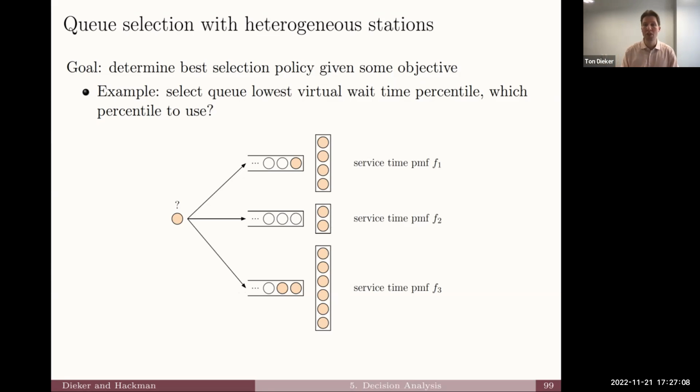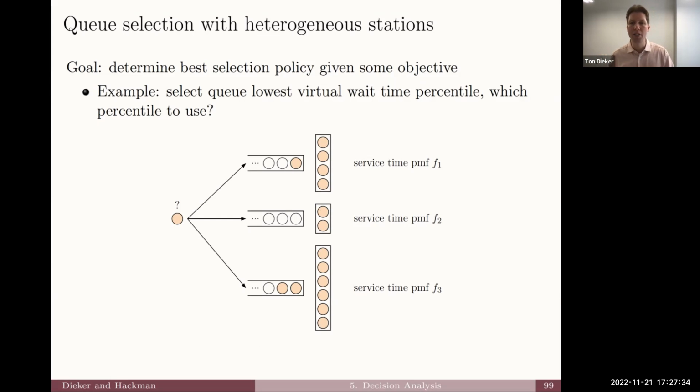So one possible class of policies is that the customer chooses the lowest sum percentile, the lowest virtual wait time among these 3. So then the question is, to optimize this policy, either we optimize over this percentile or we even do this over time, right? Percentile over time.